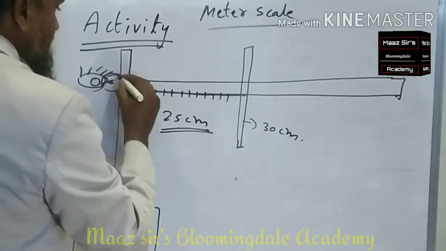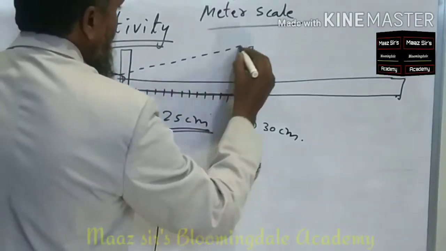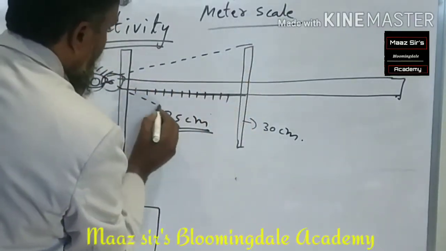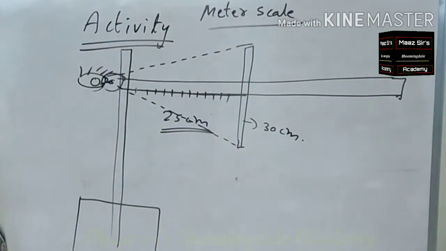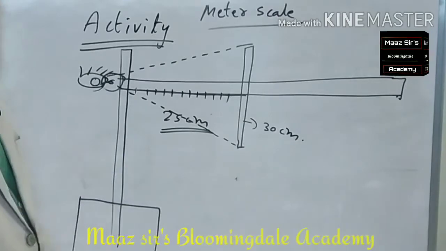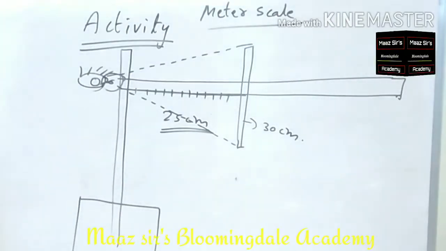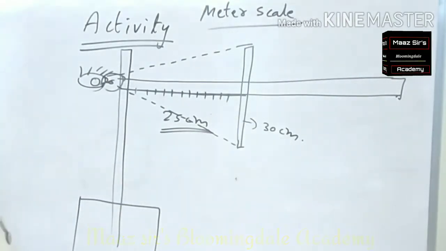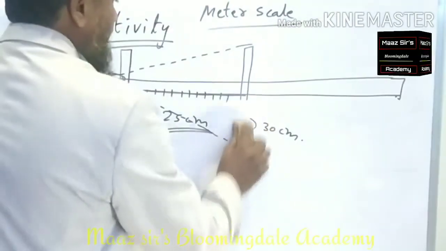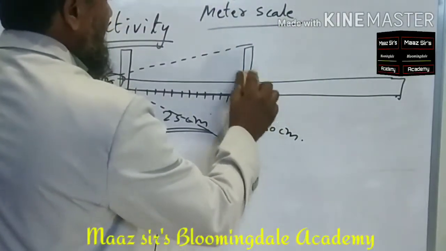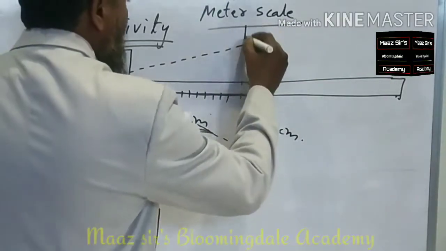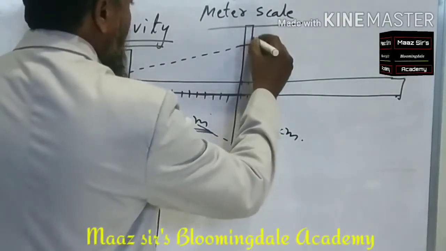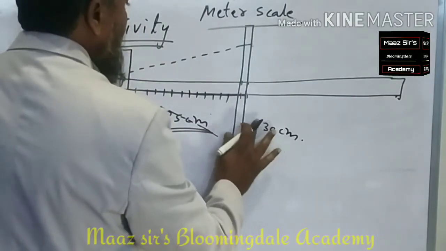So what happens? I can see this at a distance of 25 centimeter. Now you do one thing. Now you remove this 30 centimeter PVC pipe and place a pipe of 50 centimeter.